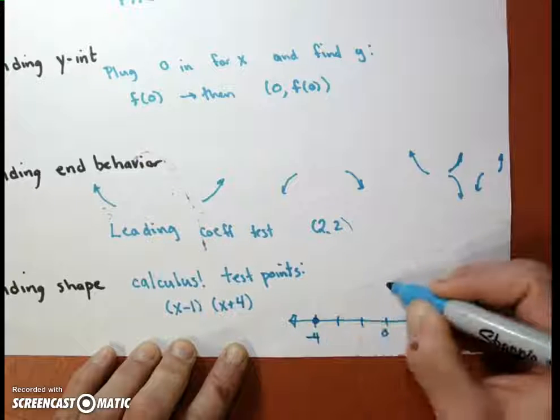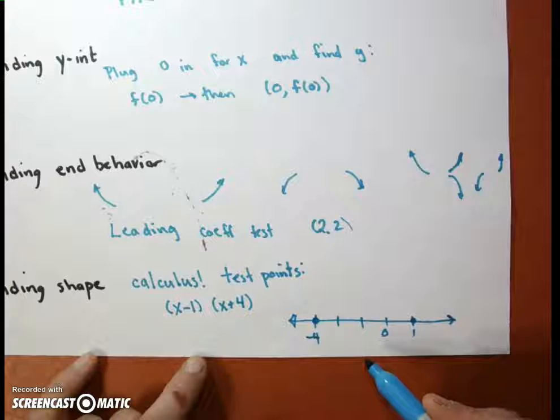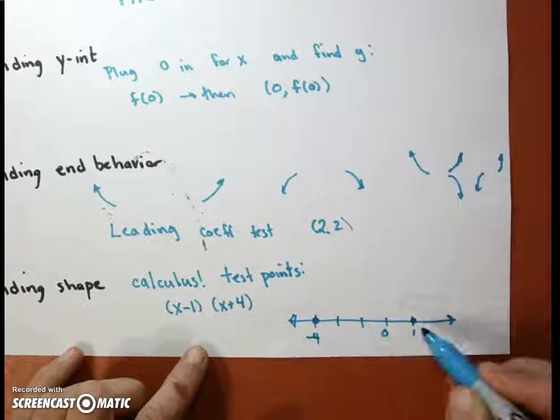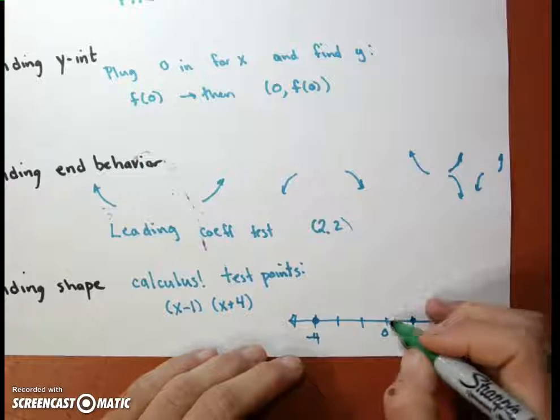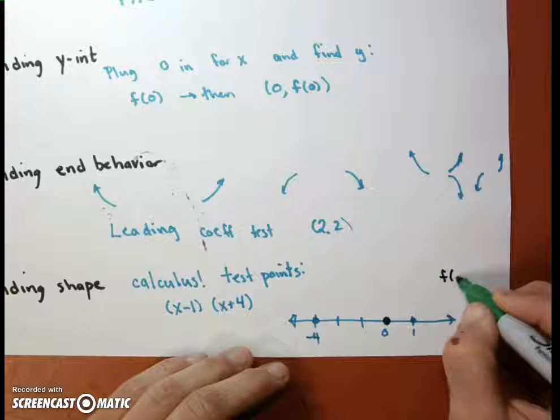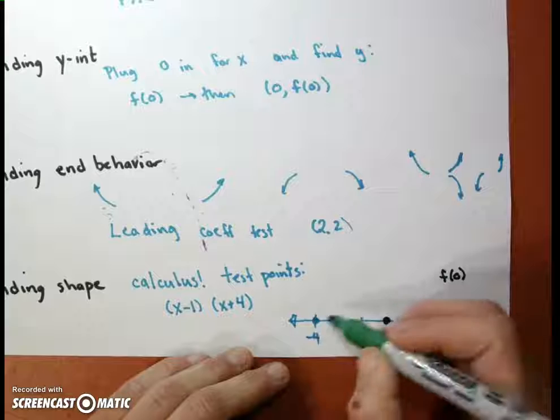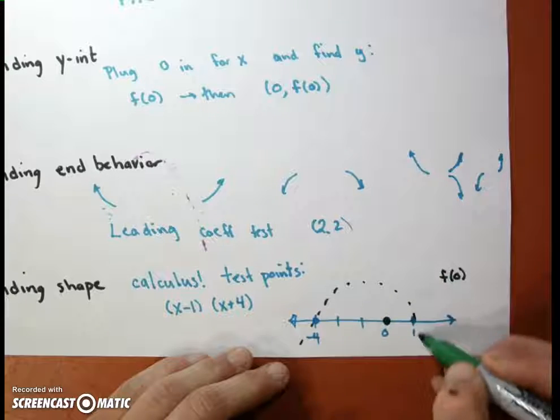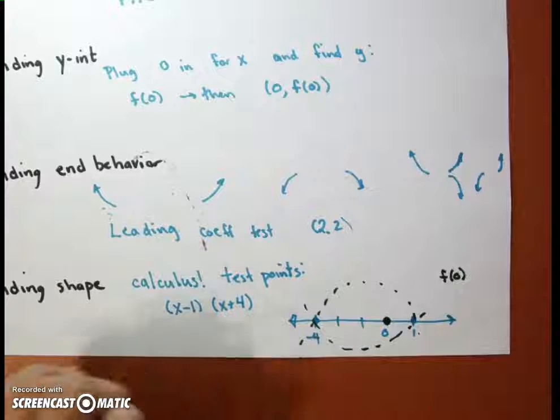But I don't know what happens in between these. So what I can do is I can pick a point in between 1 and negative 4. So let's say we pick 0, because that's an easy one to plug in. And I find f of 0, because that will tell me the y value here, so I know if the graph goes like this, or if it goes like this, or if it does something funny in between.